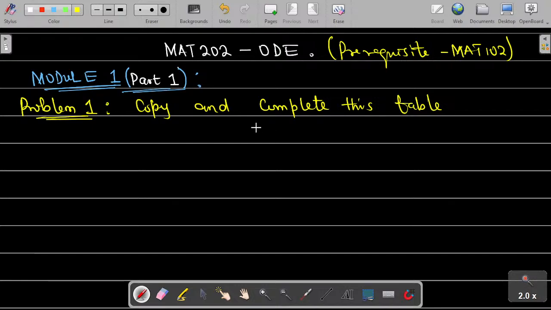Those 2 major areas of Math 102 are the prerequisites for this course. So majorly integration, and this question is coming from that particular area. Okay, so let me write out what you've got, and then we'll begin to respond to it.